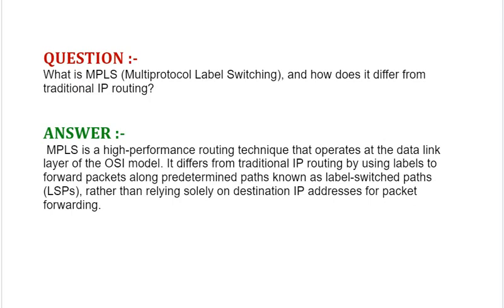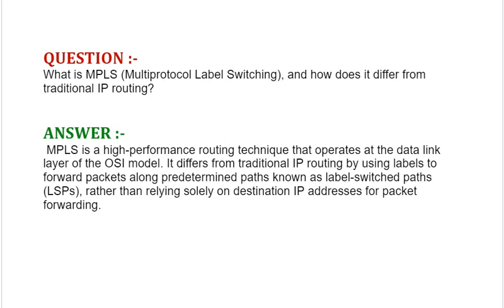Our next interview question is, what is MPLS, multi-protocol label switching, and how does it differ from traditional IP routing? Your answer should be: MPLS is a high performance routing technique that operates at the data link layer on the OSI model.